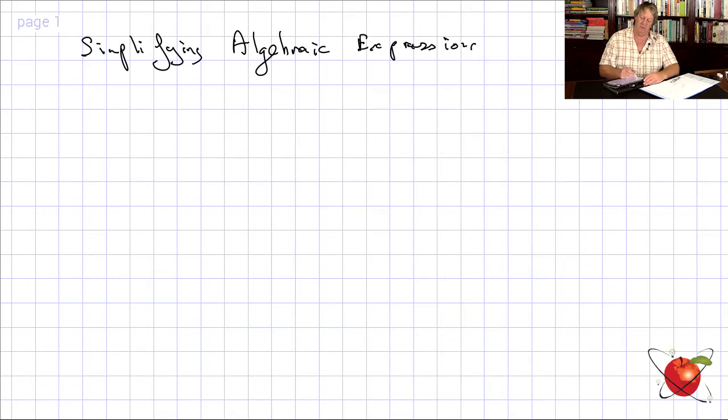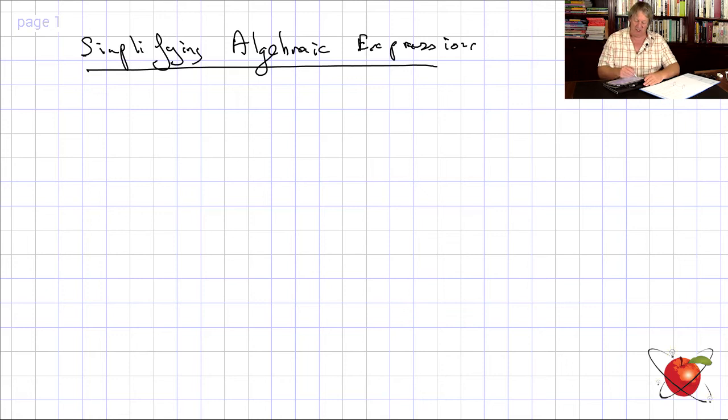Okay, simple. Well, okay, I say that. We're going to have fractions, where we multiply fractions, where we add and subtract fractions. So let's have a look.